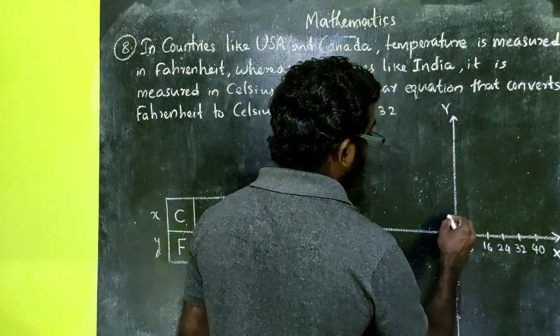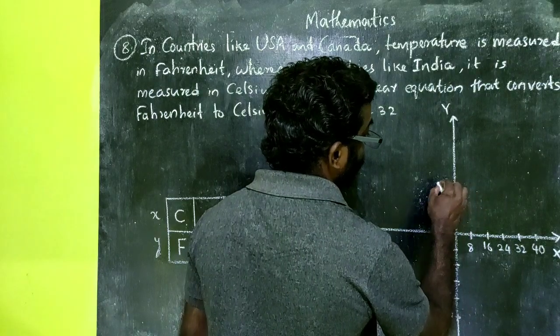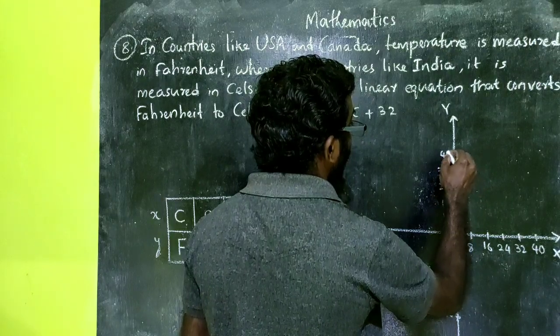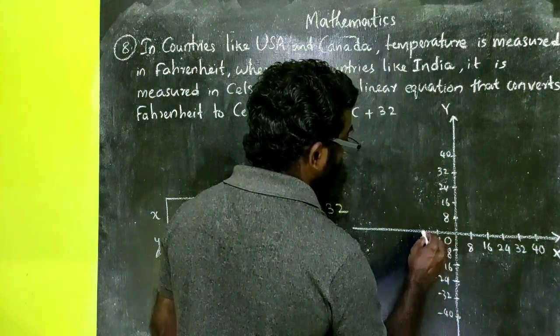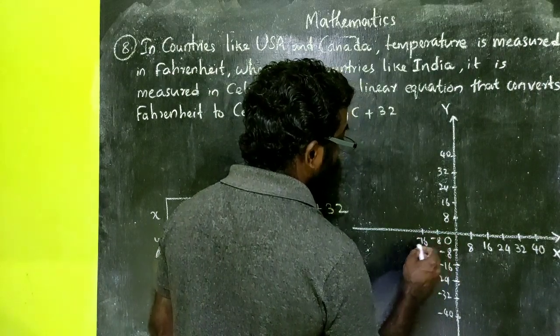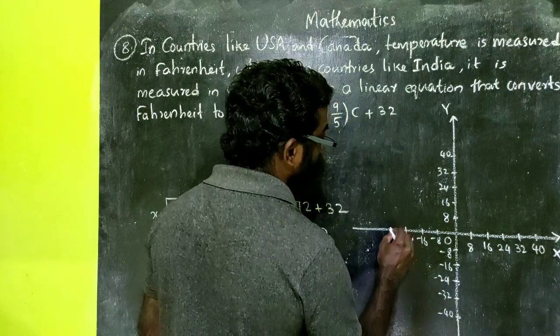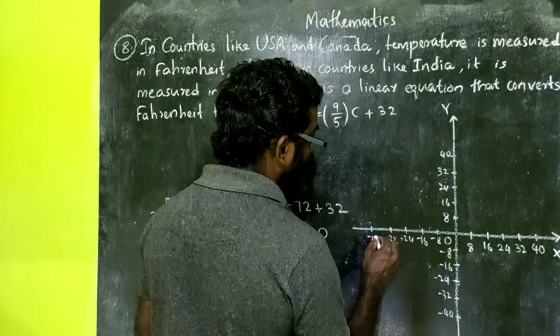And here also multiples of 8: 8, 16, 24, 32, 40, here minus 8, minus 16, minus 24, minus 32, minus 40.